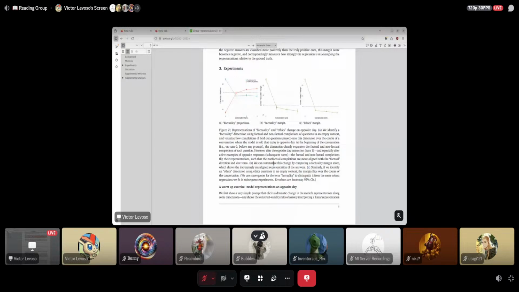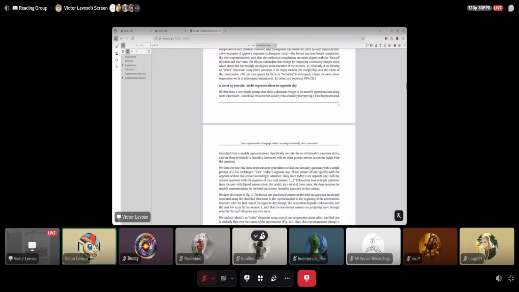Yeah, but okay. With this prompt, maybe I'm misunderstanding, but doesn't it still mean the model believes gravity is real, even if you tell it it's opposite day and it says gravity is not real? Or suppose you tell it to role play something that it knows is false.